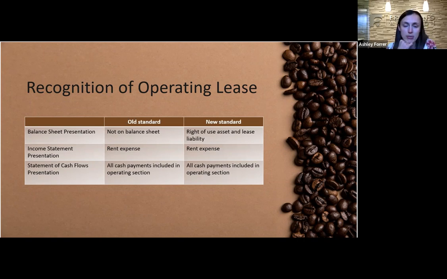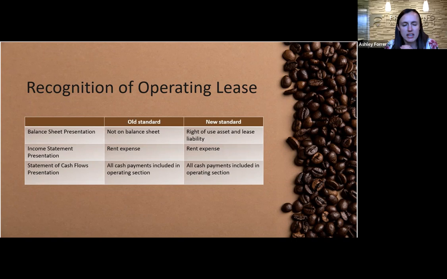And again, this is at the net present value of your remaining rent payments on that lease. And if you think about the building, that's where the amount can get to be a very large dollar amount. If you say have a 10-15-year lease on the building, it gets to be a pretty big dollar amount for that asset and lease liability.